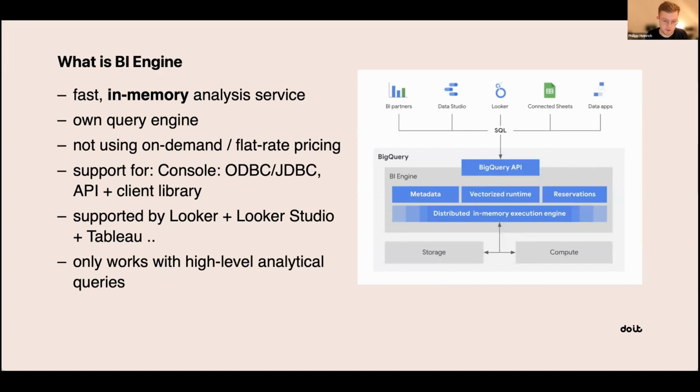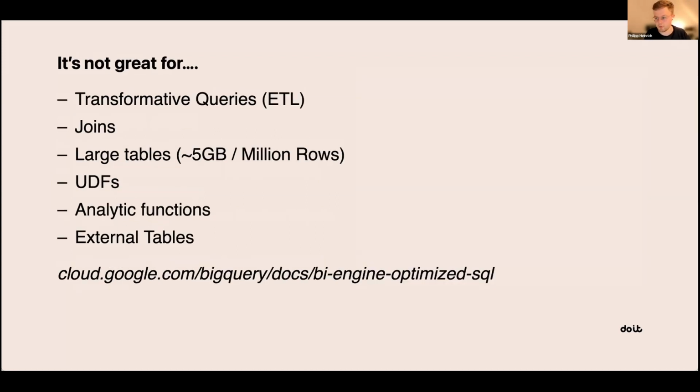The recommendation is to only use this for very high-level analytical queries. For example, if you want to calculate measures like max, min, averages, and so on. It's not very good for transformative queries. It does not support them, first of all, and there are also some restrictions on the table size and so on.